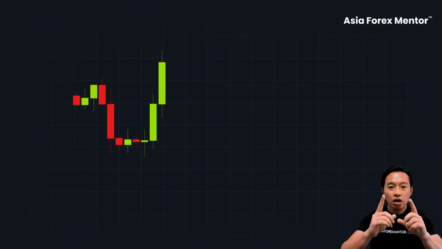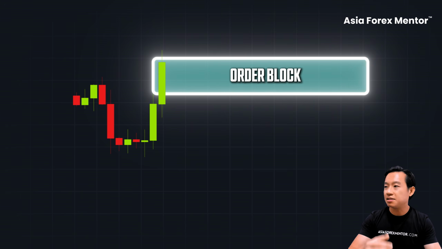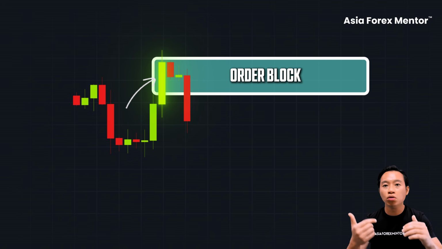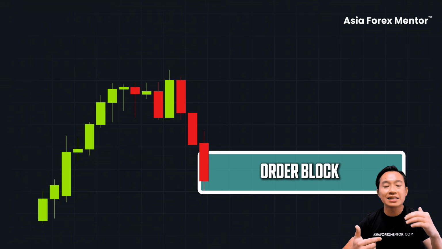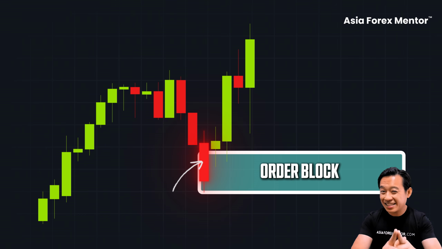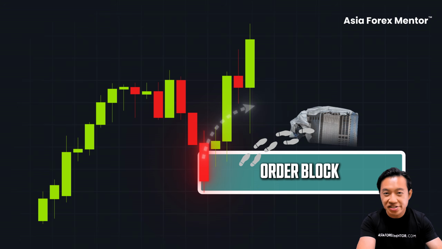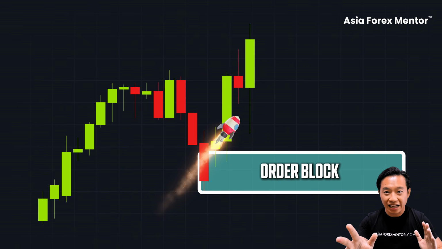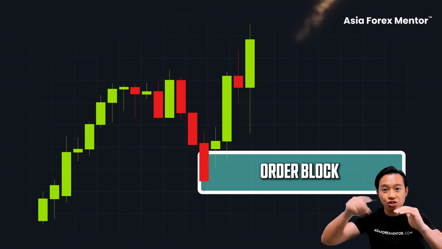You usually spot an order block as the last bullish candle before a strong move down, or the last bearish candle before a strong move up. That's the footprint of institutional orders, a clear push that shifts the market structure.